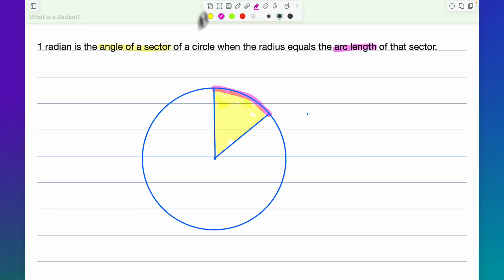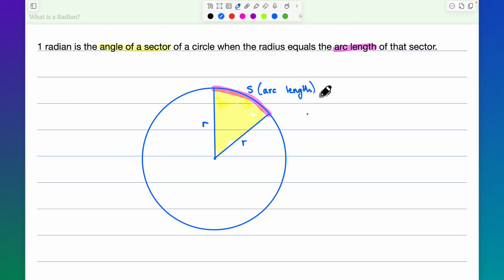Now let's go back to the definition of the radian. We have our radius, which we're going to denote with an R. Both of these are radii. We've got the radius here, and then we're going to put our arc length as S. This is our arc length.